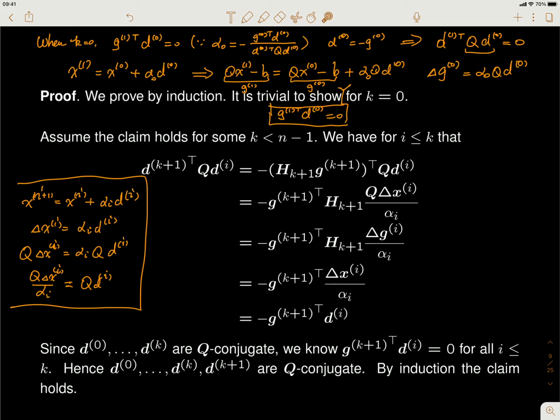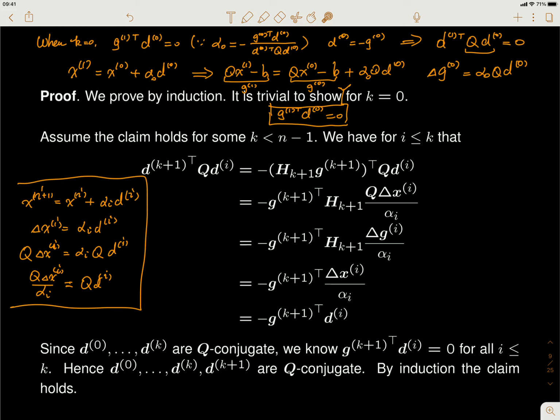By the induction hypothesis, if we obtain all the di's as Q conjugate directions up to the kth iteration, then this gk plus 1 will be perpendicular to all the di's for i less than or equal to k. That is the property we mentioned for the conjugate gradient method. If these di's are Q conjugate up to k, then this will be perpendicular to that.